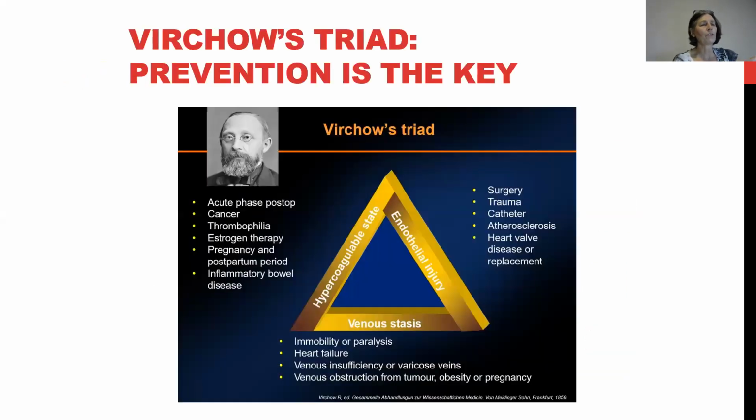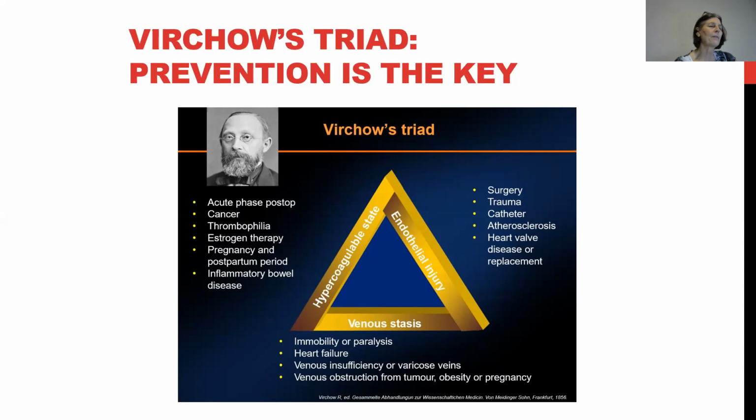So we talked about Virchow's triad. This triad shows hypercoagulability, endothelial damage, and venous stasis, and it lists things that cause each of those things. And you can see if our patient has immobility, that's venous stasis. If they have endothelial injury from the trauma itself, and we probably put some IV catheters in there, which certainly could cause it.